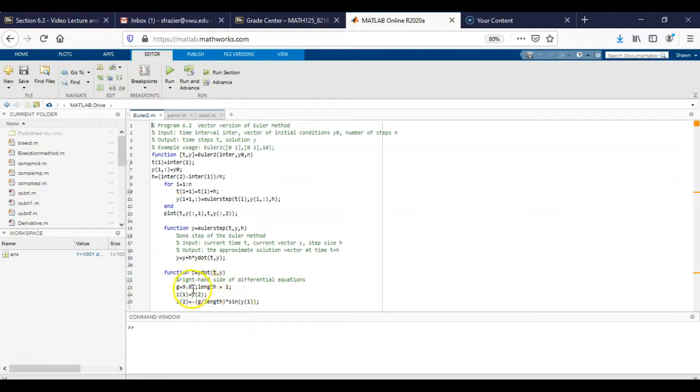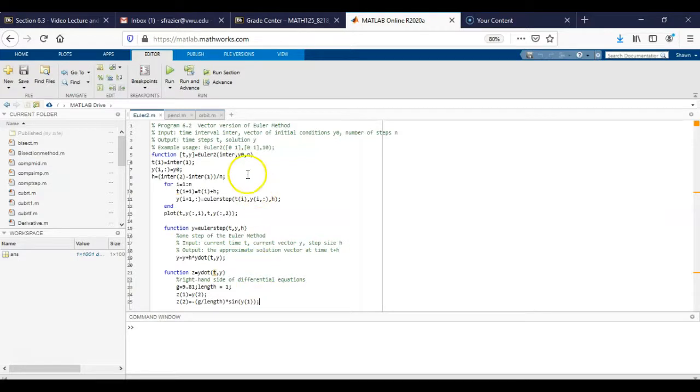Here you can see I'm defining g and L to be 9.81, and we're going to assume the length is 1 here. So you can see our system of differential equations here and here, right? So our approximation z1 is equal to y2, and the approximation for the second curve is given by our second equation there.